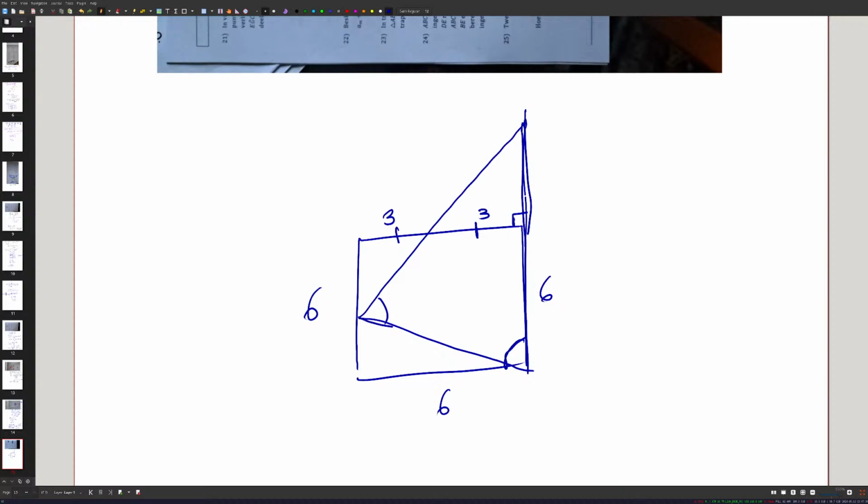So I suppose if we know that this length is the square root of 3 squared plus, do we know what this side is actually? I don't think so. It would have been nice. Yeah, we need this length if we want to be able to set up an equation.